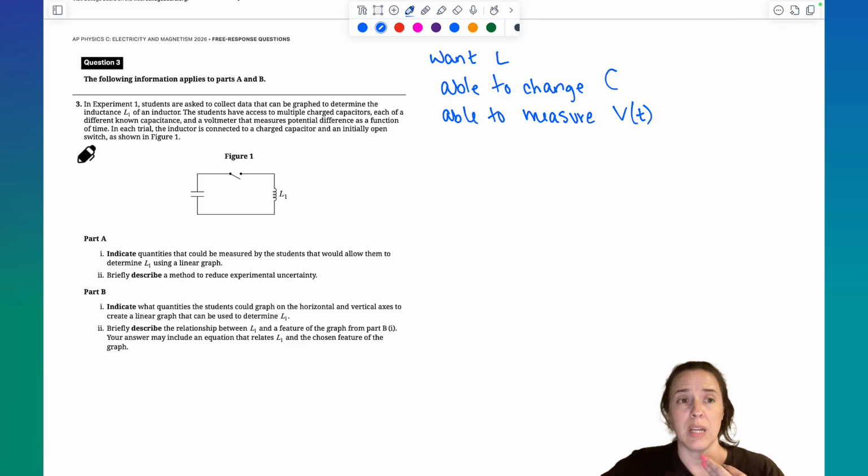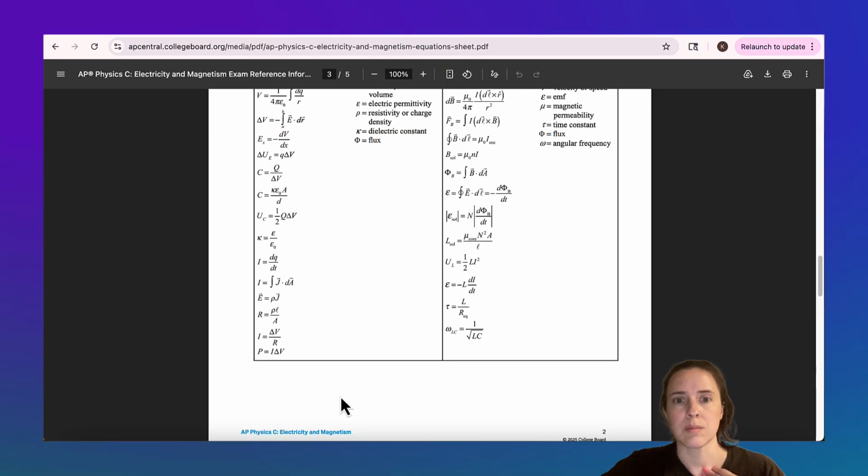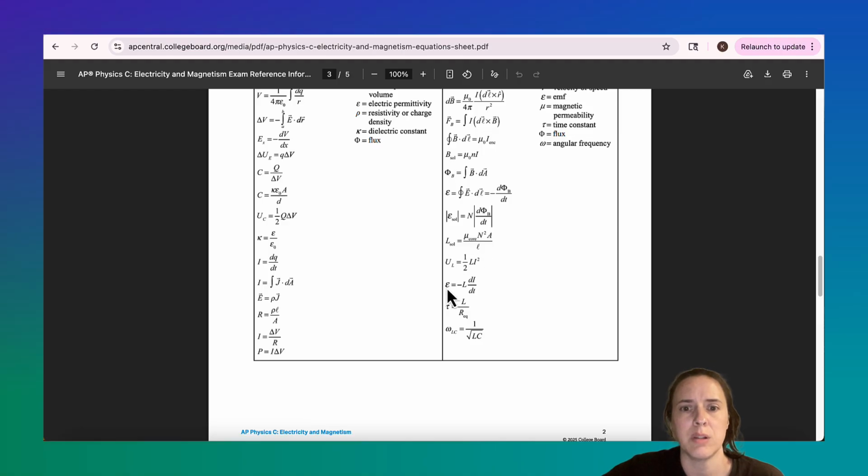If we roll over to our handy dandy equation sheet, the thing that relates those, in case you have no idea, so all of our inductor equations are down here at the bottom. So we have tau, which is for LR circuits, but this is an LC circuit. So we're probably going to want to use this guy right here, omega LC equals 1 over root LC.